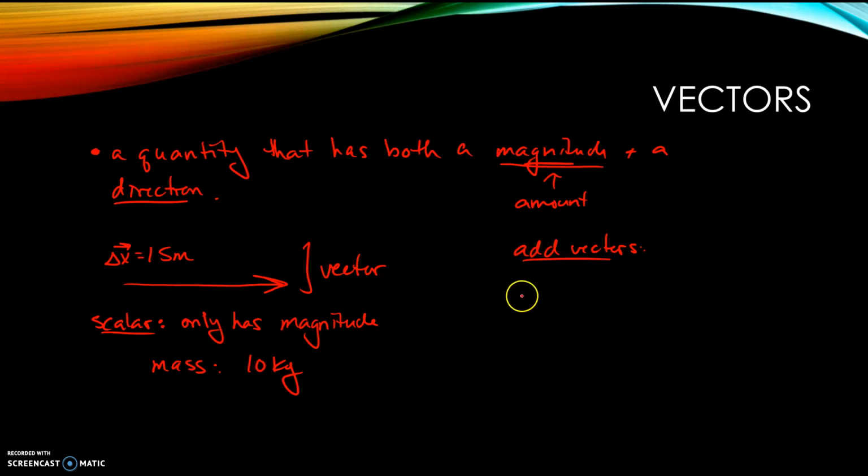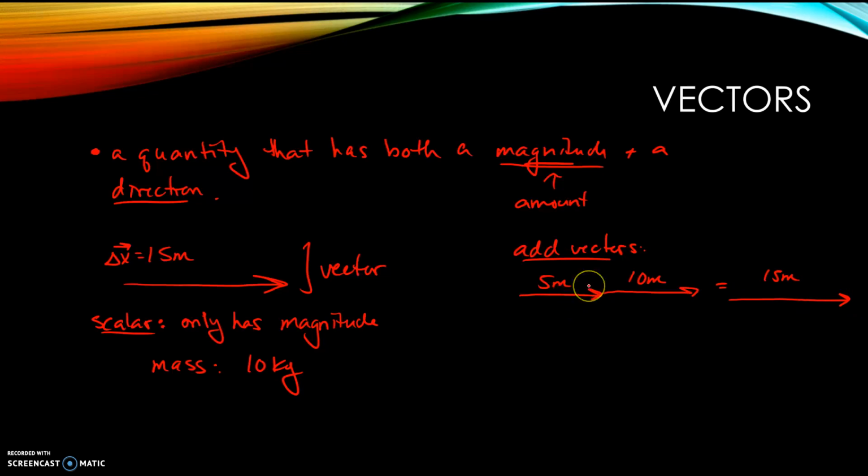So say I move 5 meters that way, and I move 10 meters this way. If I add vectors together and they're pointing in the same direction, then the result, which we call the resultant, will be 15 meters in that direction.